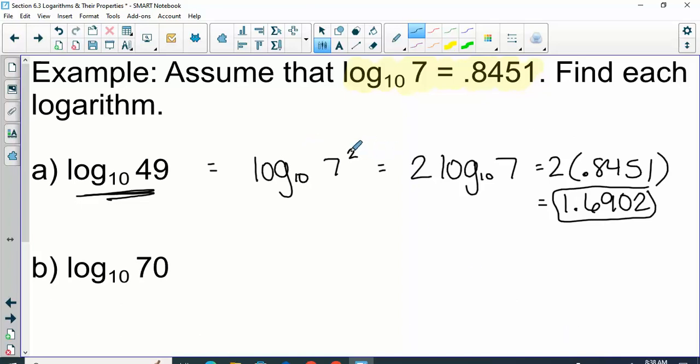Remember the properties of logs, the square turns into a coefficient, so it's multiplying that answer by 2. Wait, why do we use that decimal? Because I told you in the directions to use that one, I gave you that.